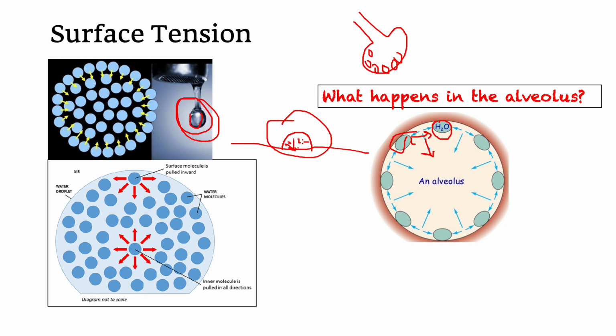If these water molecules bind closely to each other, they will pull the alveoli to become smaller, because these water molecules need to be near to each other.